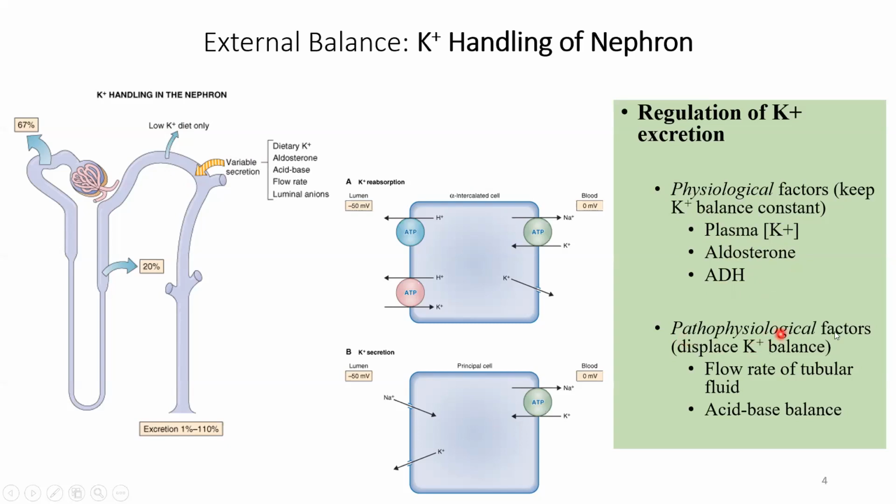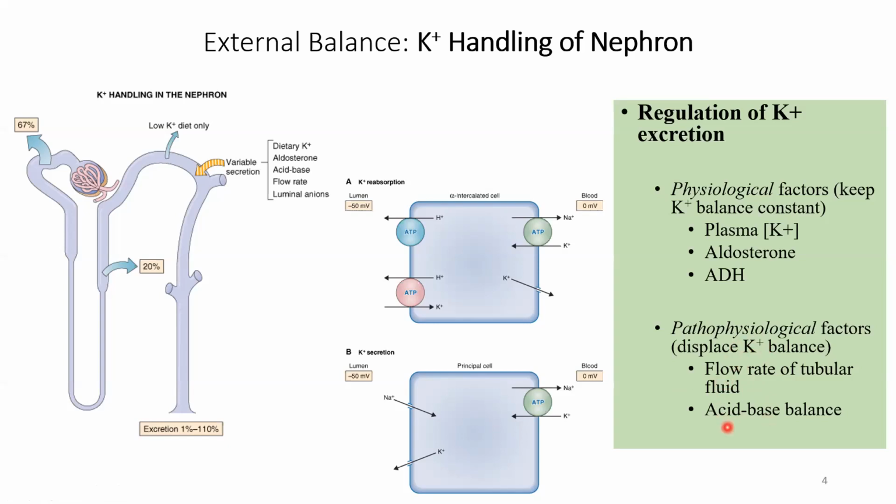Then you have pathophysiological factors, which basically displace potassium balance. These are issues which are not specific to potassium itself. There are other issues related to other stuff. So flow rate, as an example, depends on sodium, water, and whatnot. It doesn't directly link with potassium, but it has consequences for potassium. Okay, so these are factors which are unrelated to potassium homeostasis, but end up affecting potassium balance.